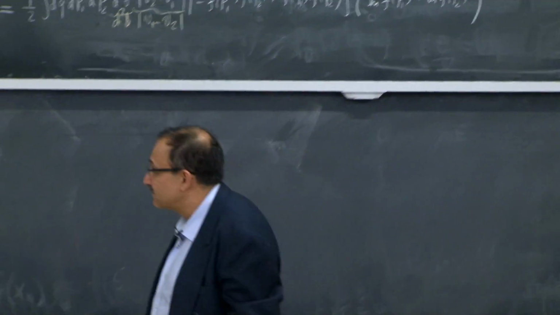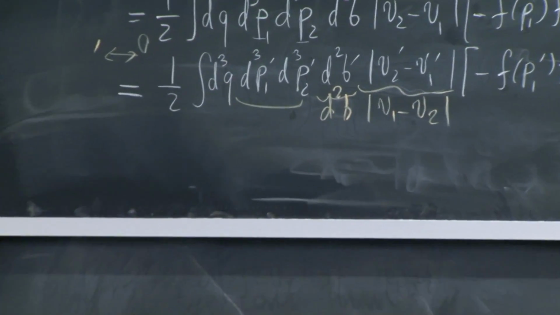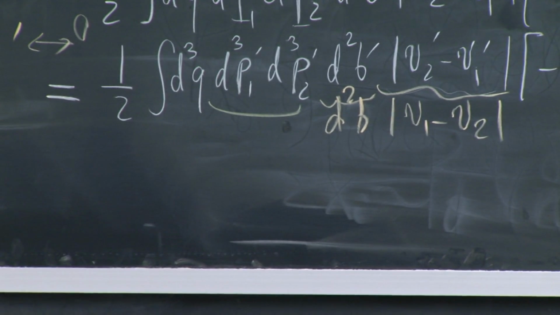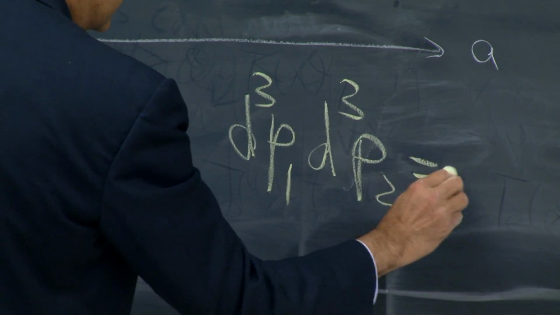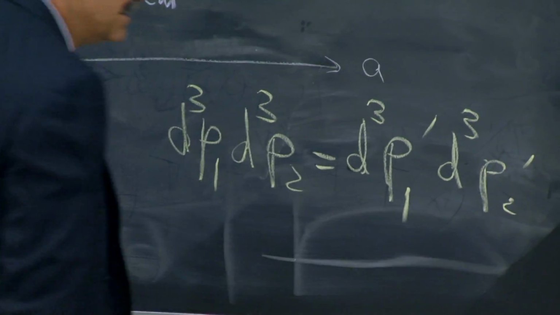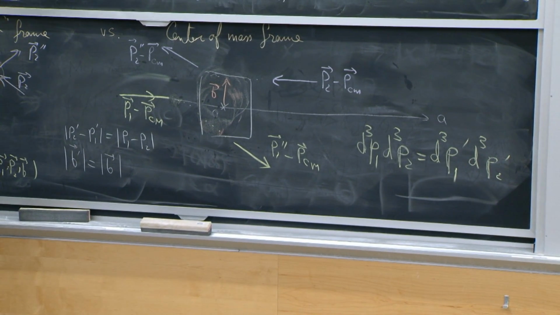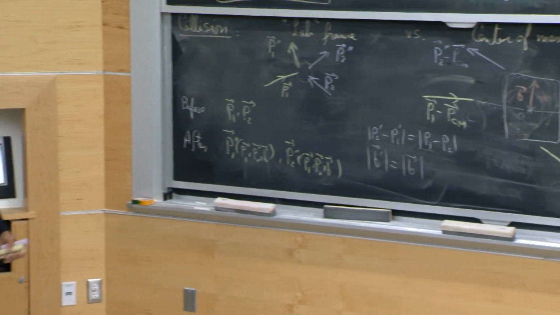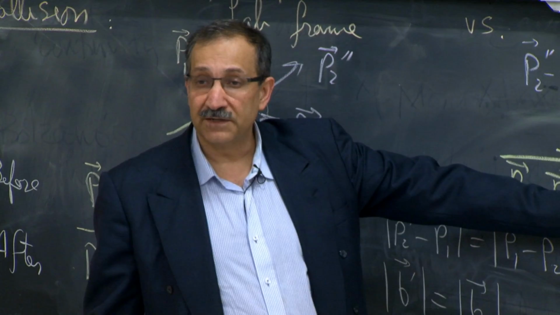And finally, I claim that in order to go through this change of variable, I also have to deal with the Jacobian of the transformation. But we have that d3p1, d3p2 is the same thing as d3p1 prime, d3p2 prime. In some sense, you can also think about what we were doing before with the Liouville equation, maintaining the volume of phase space. So I have some volume of phase space prior to the collision.